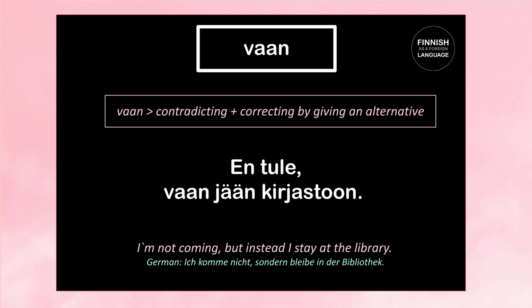It's the negative first person singular present tense of the verb tulla, which means to come. Vaan here works as our conjunction, meaning but instead or but rather. Jään here is the first person singular present tense of jäädä, which means to stay or to remain. And then we have kirjastoon, which is the illative case of kirjasto, which means library.